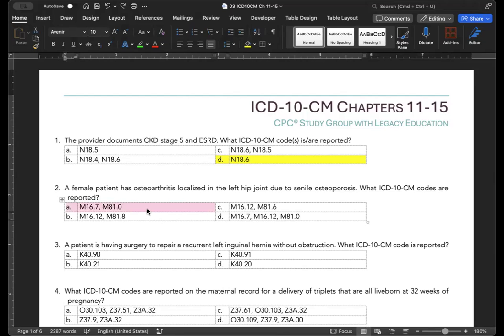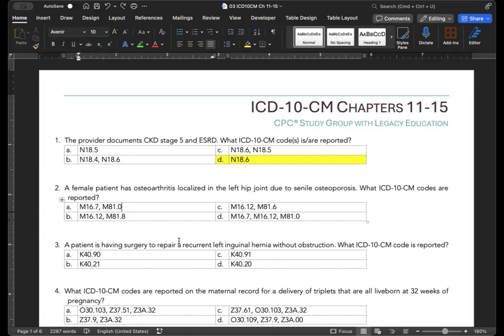I think I spoke wrong. Let me reread the first ones here, because M81.6 and M81.8 don't sound right. Let's go back and look at our first code, because I said M16.12, but I'm second guessing myself now. Let me go back and read the descriptions.